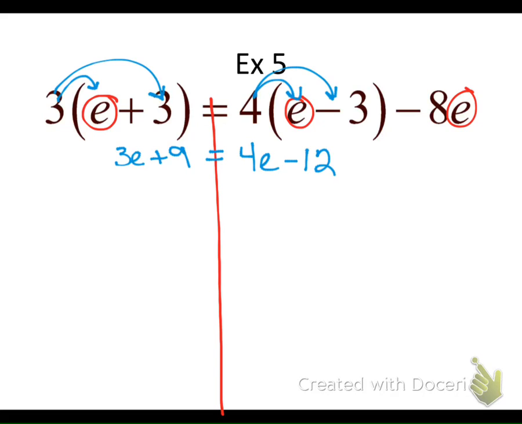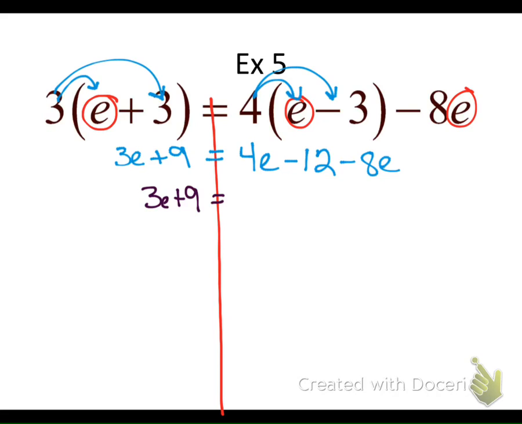So then I go to the left side. Brendan, what do I ask myself? What can I do on the left side? Can I distribute? I already distributed, right? What do we do after we distribute? Combine like terms. Can you combine like terms on the left? No, so I'm going to go ahead and bring that on down. So then I ask the same question on the right. Can you combine like terms on the right side, Brendan? 4E and negative 8E.